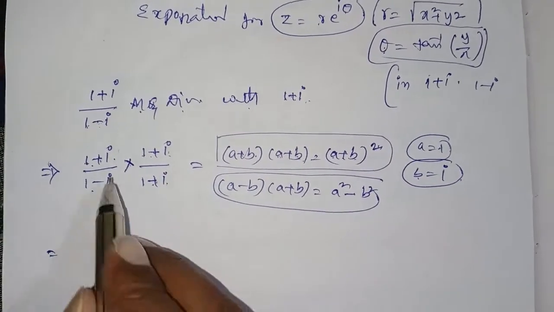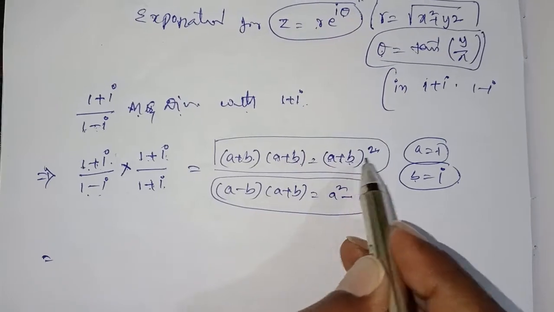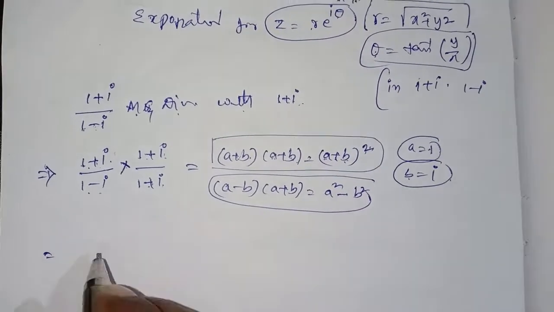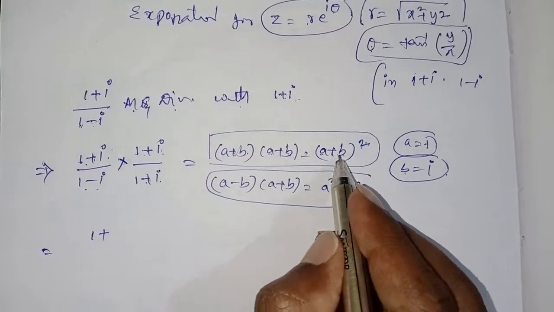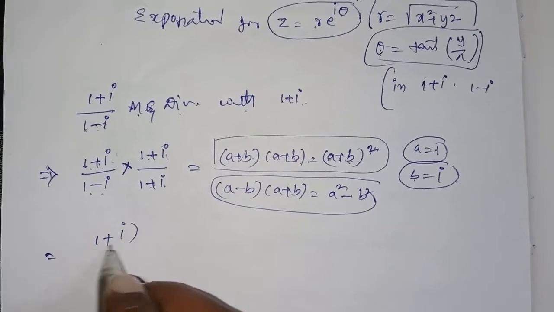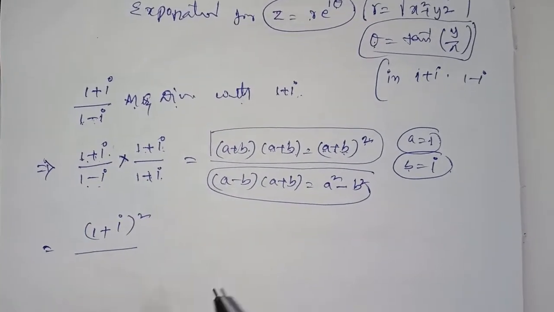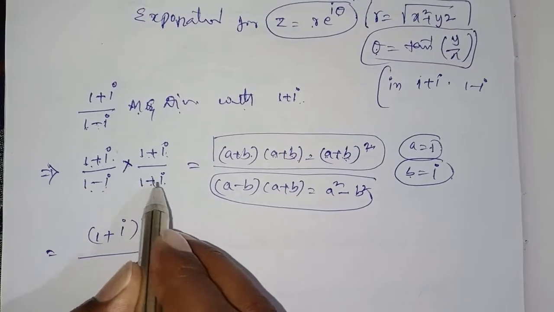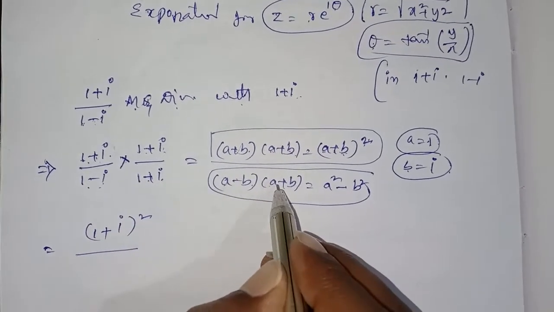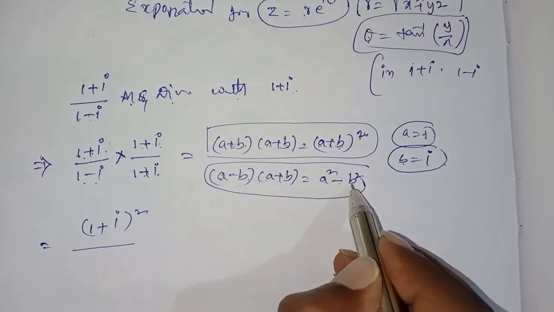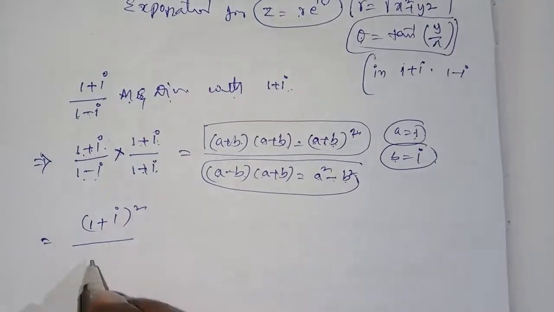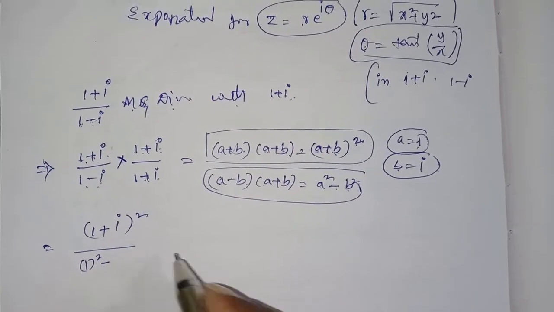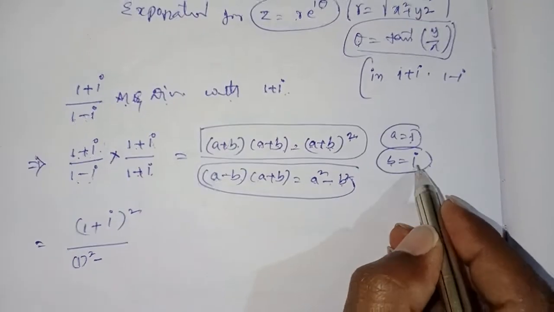The numerator is the (a + b)² formula, with a equal to 1 and b equal to i, whole square, by the denominator (1 - i)(1 + i), which is a² - b², but a is equal to 1, so 1² - b², but b is equal to i, so i².